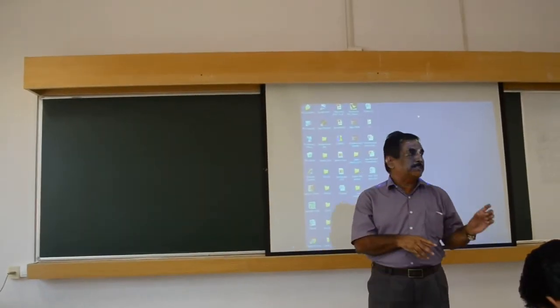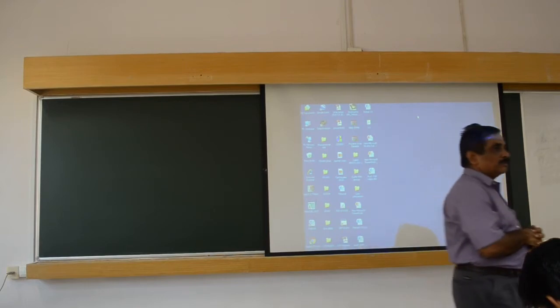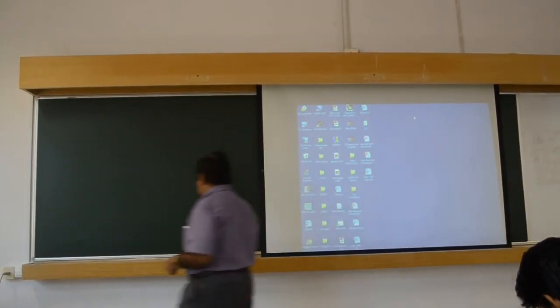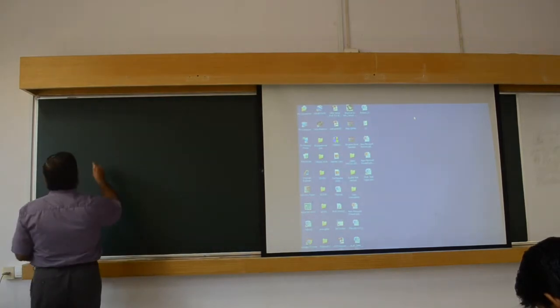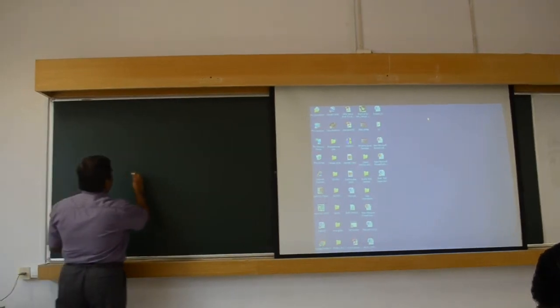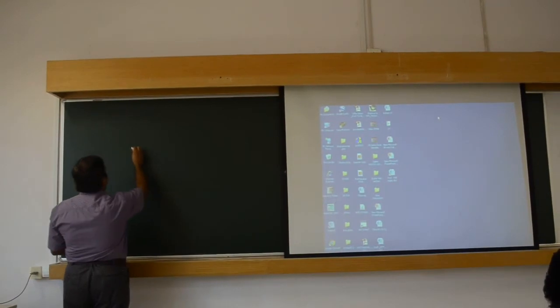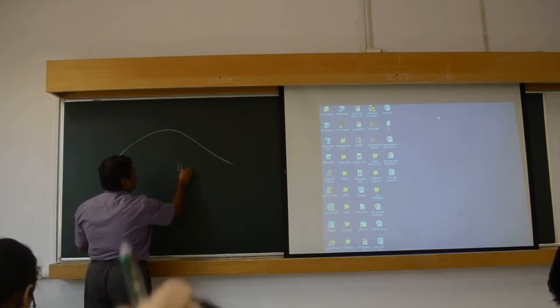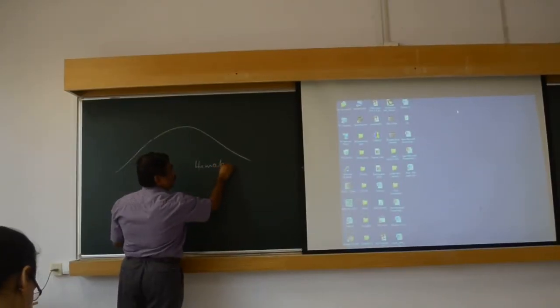Understood the field of brittle shear zone, ductile shear zone and transition zone. Now, suppose you take a cross section across Himalaya. So this is Himalaya. You are able to see that from that angle.